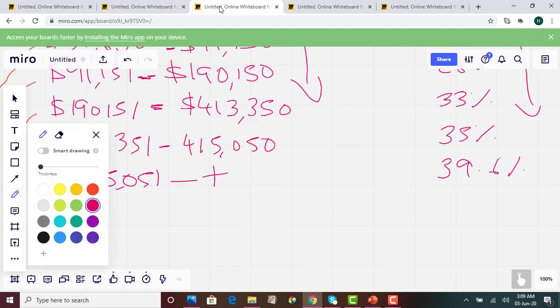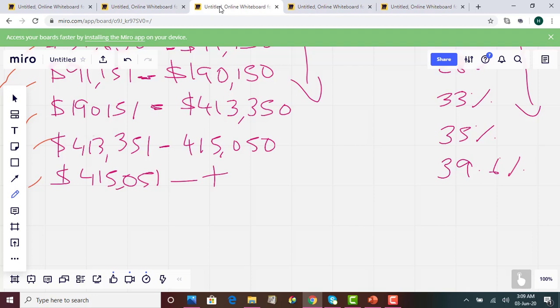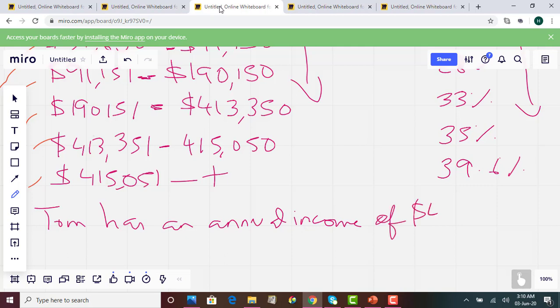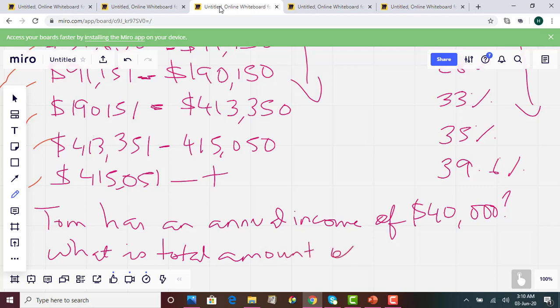Let's say Tom has an annual income of $40,000. What is the total amount of taxes he will pay?